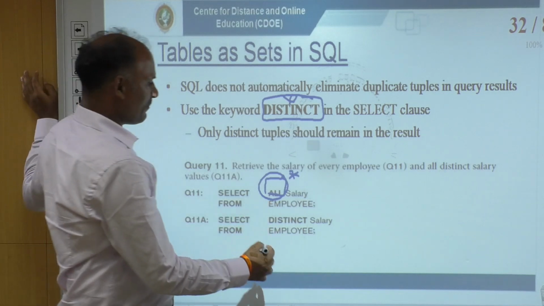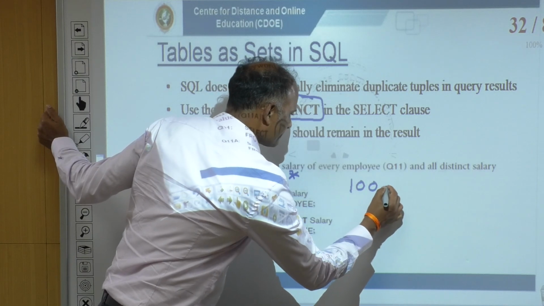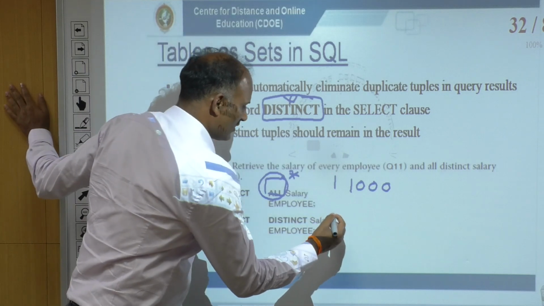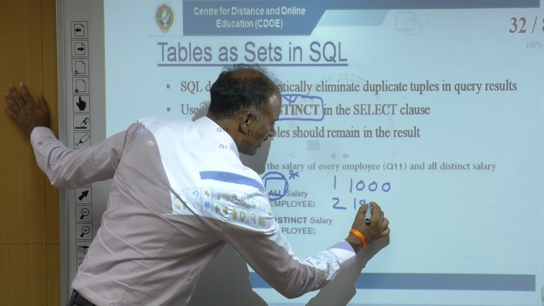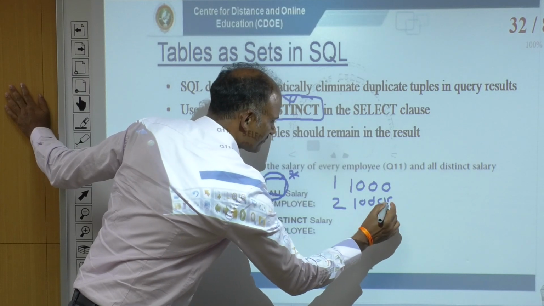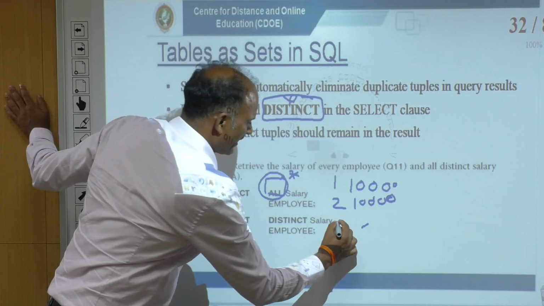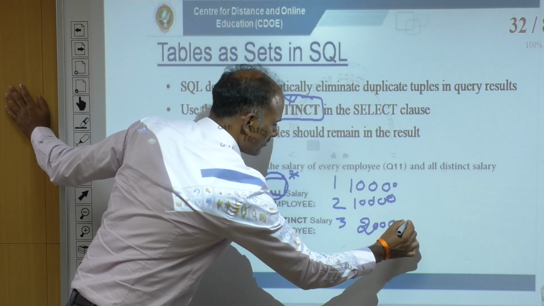Say, for example, the salary of employee 1, with SSN 1, is 10,000, and employee 2's salary is also 10,000. Employee 3 earns 2,000.